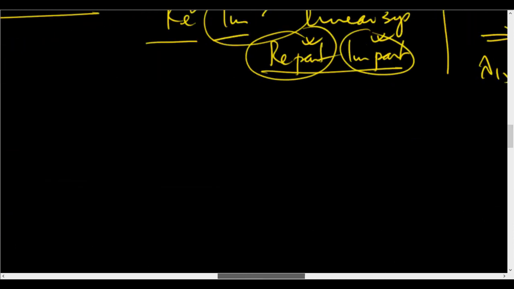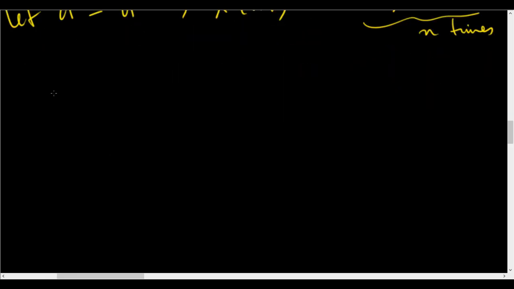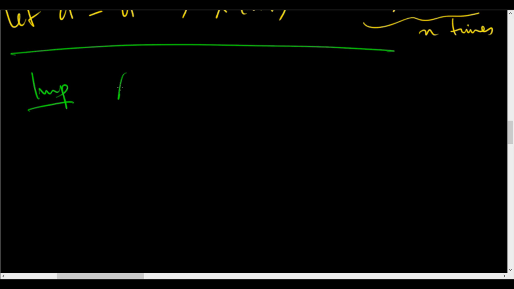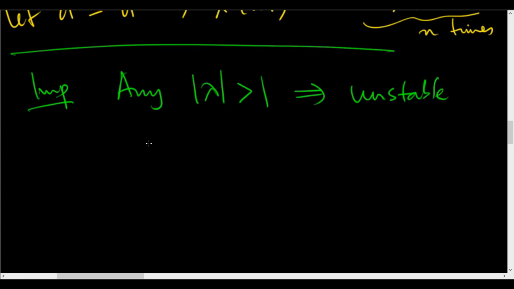determining cases actually are important. Any lambda greater than 1, unstable. All lambda less than 1, stable.